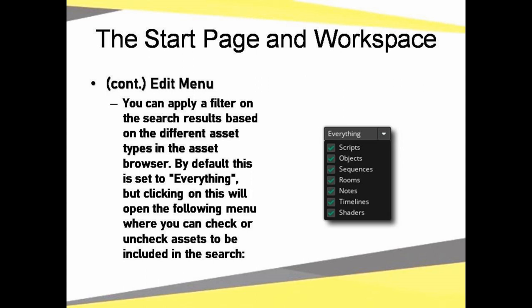Then, continuing to the edit menu, you can apply a filter. So there, all of them are listed on each search result based on the different asset types in the asset browser.